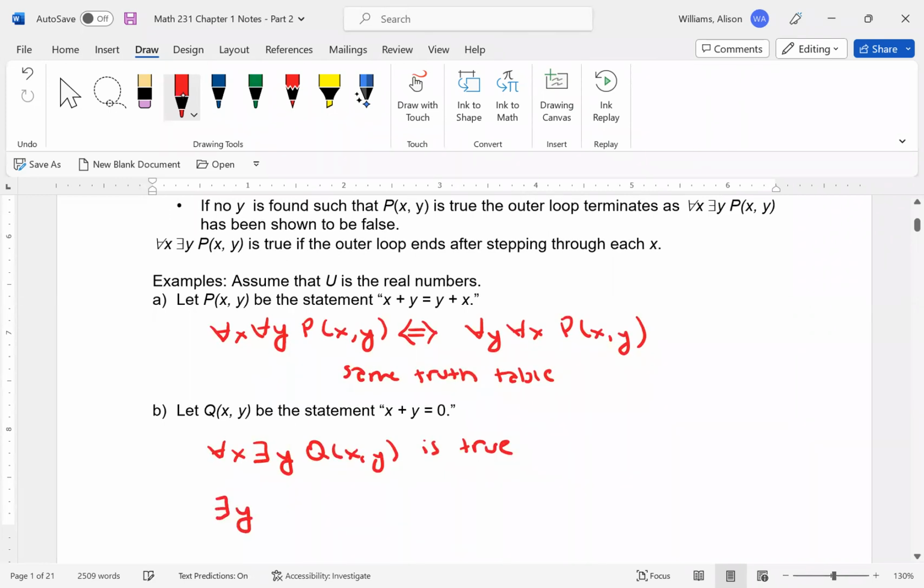If I put there exists a y for all x, so there's a y out there, which with whatever number you pair it with, Q of xy occurs. All right, there's no real number out there that we can pair every real number with and add them together and get 0. Okay, it's impossible. So this is false.